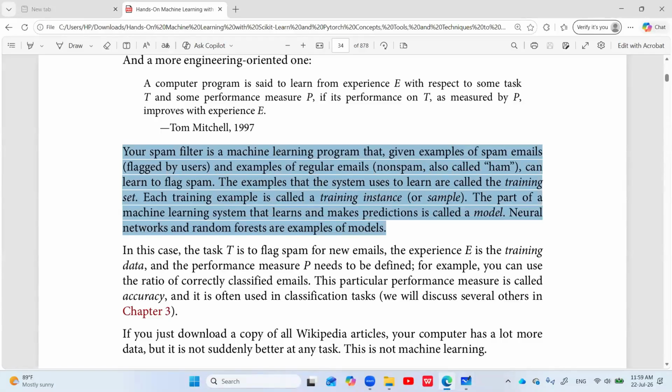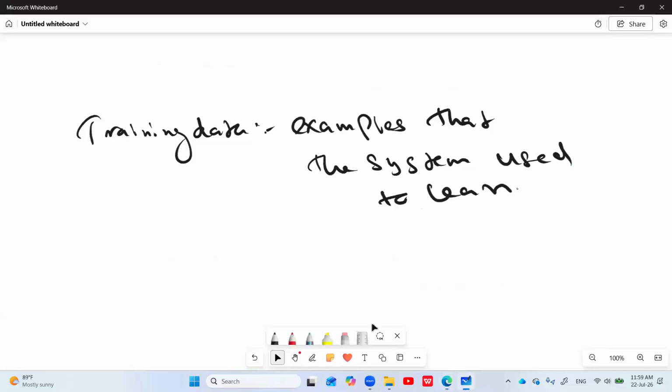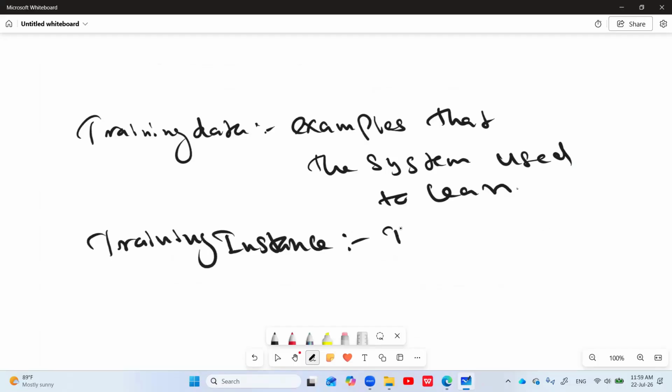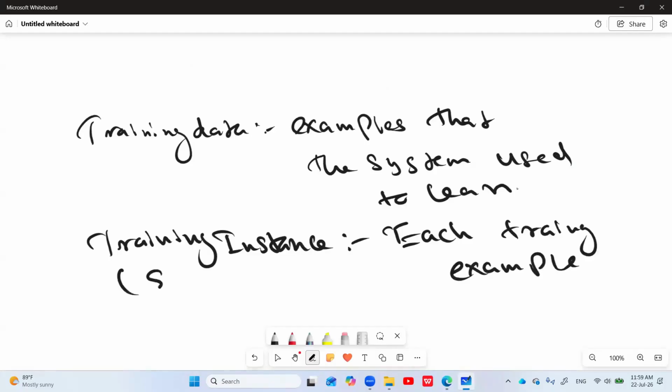Each training example, that means just one email, is called a training instance, or we call it a sample.